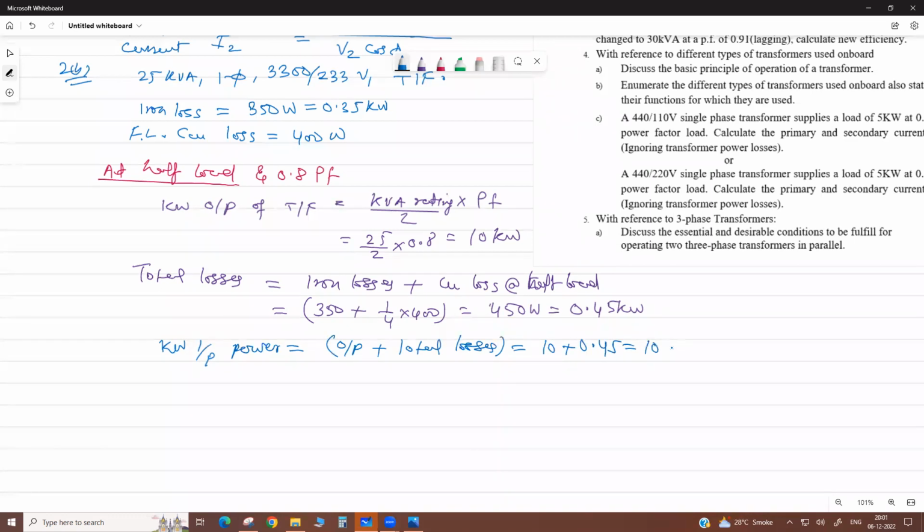It comes to 10.45 kilowatt. Therefore, efficiency at half load is output divided by input into 100. Output is 10, input is 10.45.